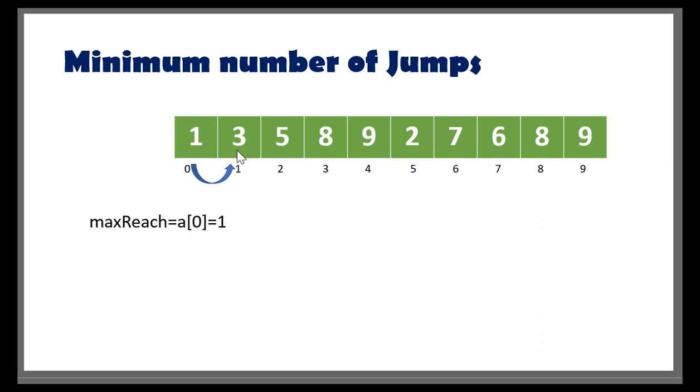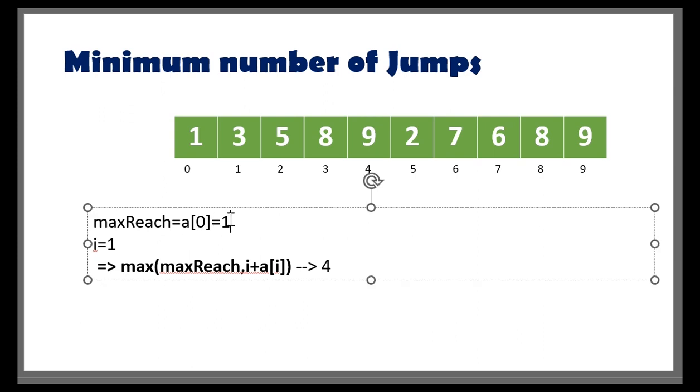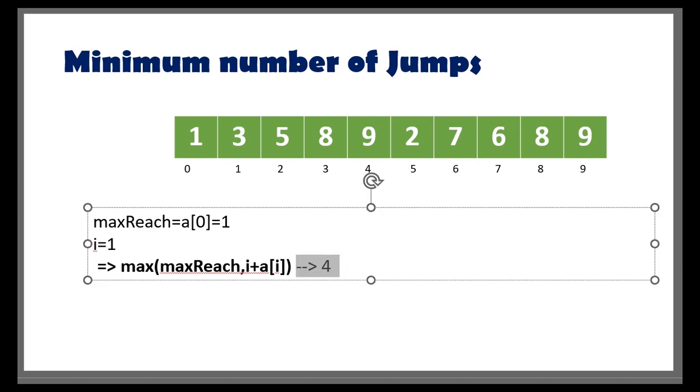When we move to index 1, which means the next element from 1 to 3, now the value of I is 1. The maximum reach value will be updated by the maximum of its previous value, which is 1, and the value for the present index, which means I plus a of I, that is 3 plus 1 is 4, so the maximum is 4, and the maximum reach will be updated to 4.